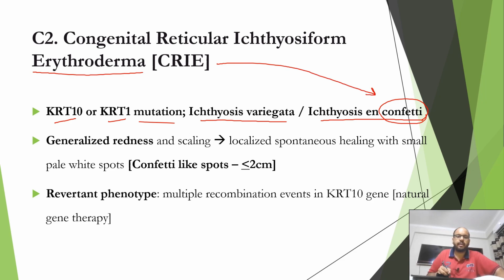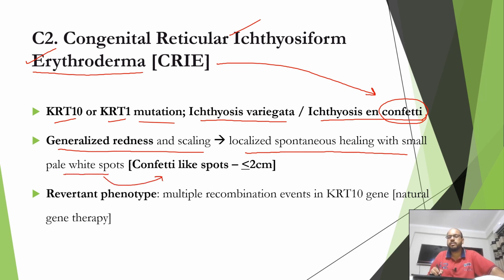Just remember that name. There is generalized redness and scaling. Okay, so ichthyosiform is done, erythroderma is done, leading to localized spontaneous healing with small pale white spots, and these are known as confetti-like spots with size less than 2 centimeters.